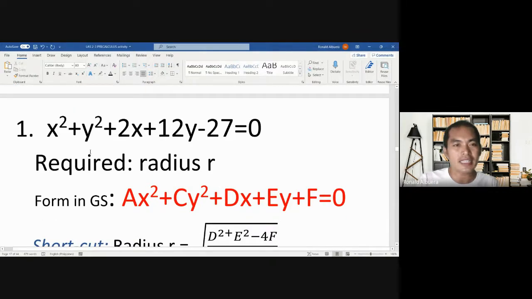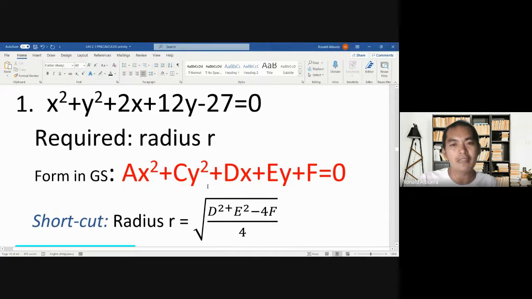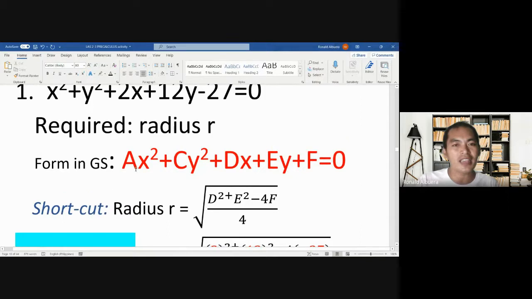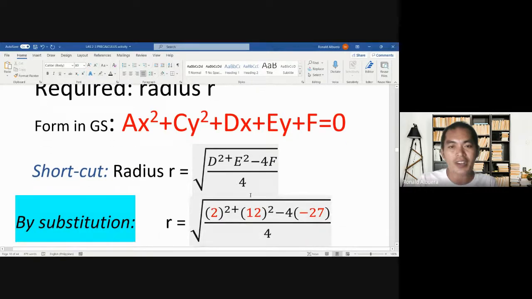Now, since that's in general form, we have the form ax squared plus cy squared plus dx plus ey plus f equals 0. The shortcut in getting the radius given the equation in general form, we have the square root of d squared plus e squared minus 4f all over 4.